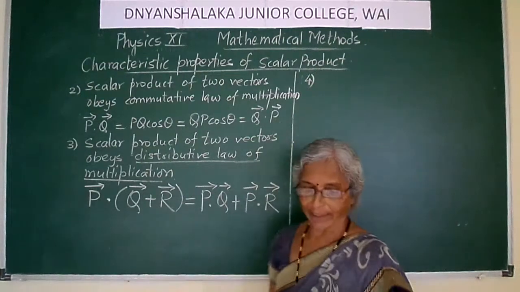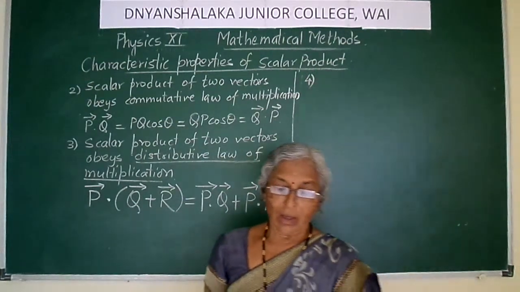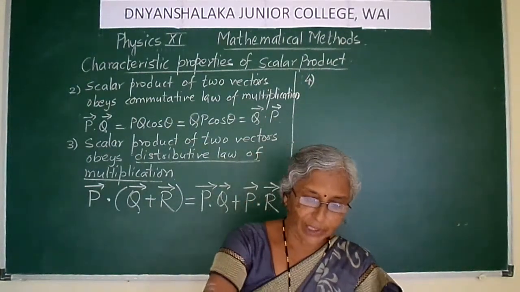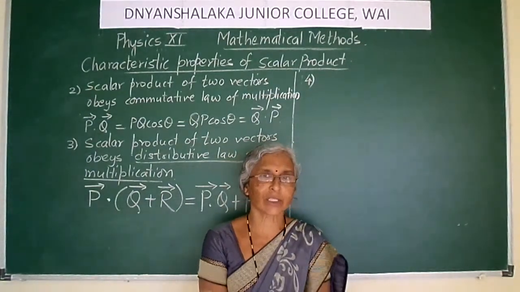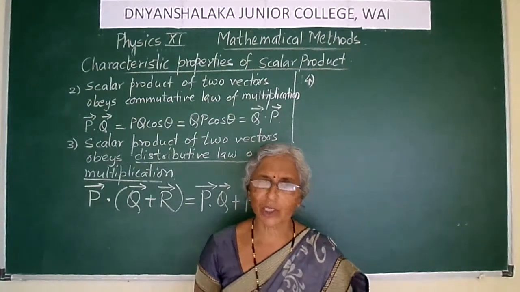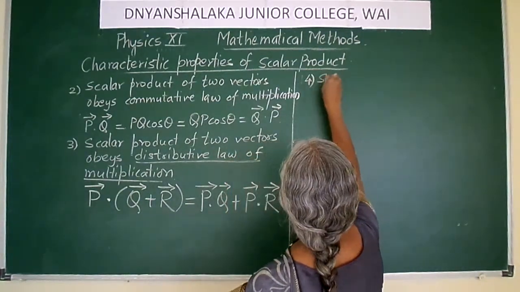Then we'll go for the next important characteristic of scalar product of two vectors. The fourth characteristic. In fact, we are going to see here some special cases of scalar product.